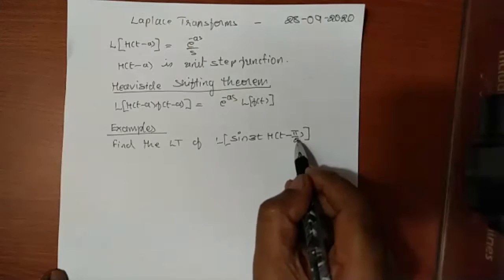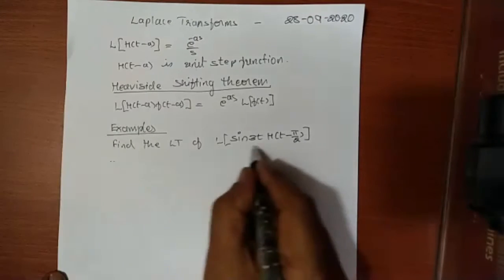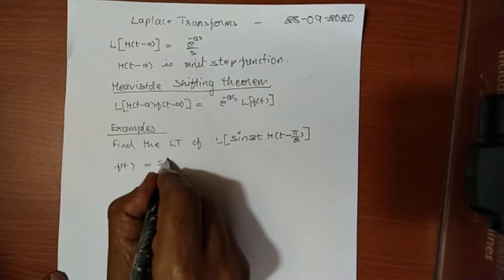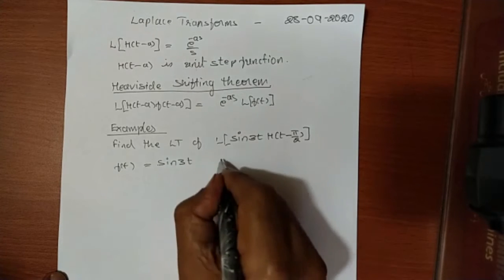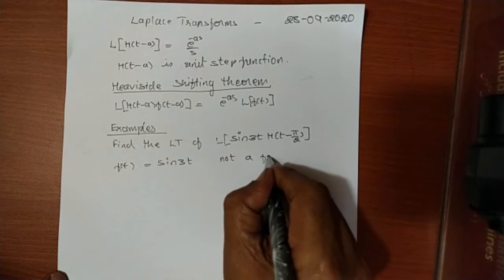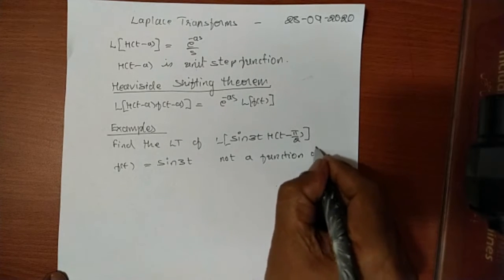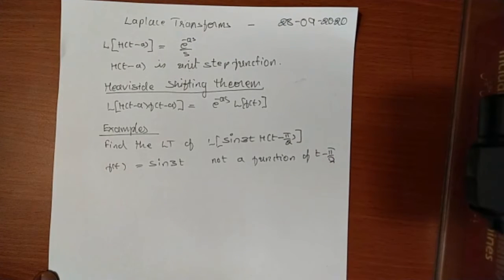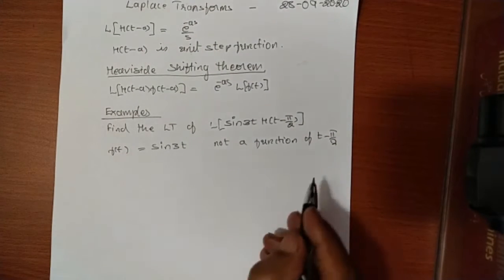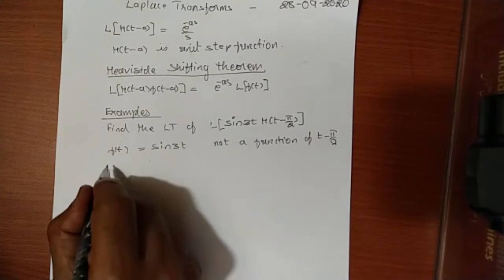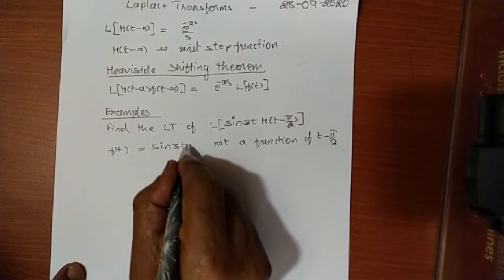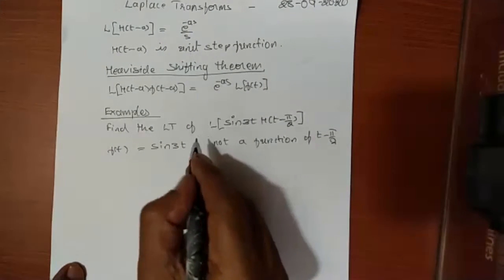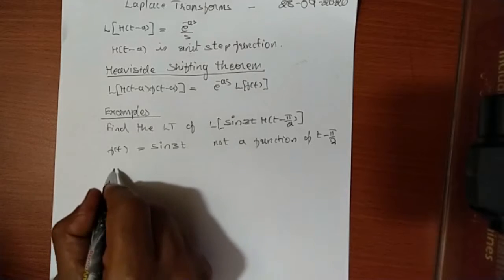Now how to solve such problems? Now I consider f of t, which is sine 3t. It is not a function of t minus pi by 2, so I have to make it a function of t minus pi by 2. For that, I add and subtract pi by 2.